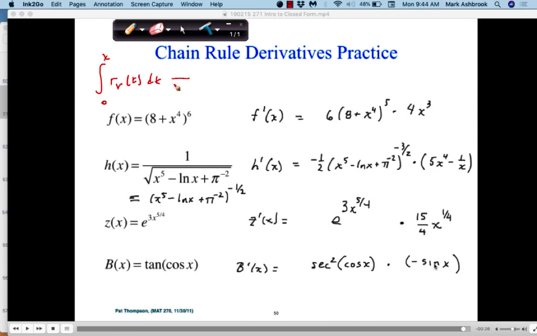If we want to write that integral function in closed form, we have to have an antiderivative of that rate function. Does that help? Yeah. So they're very highly related. If we're going to try to write the closed form, then we need an antiderivative of the rate function. But you can have an integral function and it has nothing to do with an antiderivative, right? That's what we've been dealing with all semester.